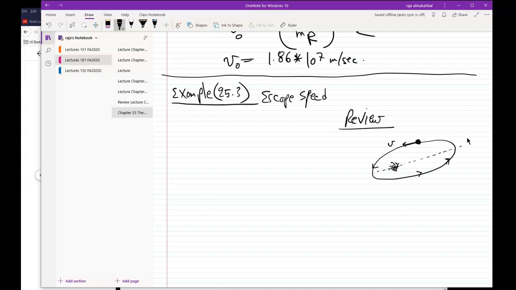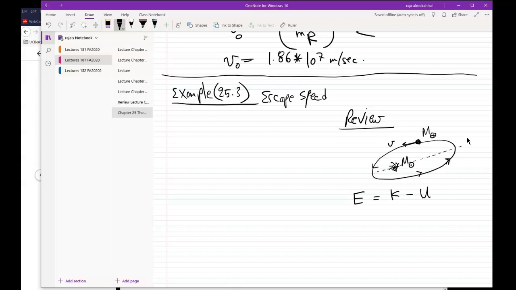Okay? Now, what is the total energy of the Earth as it goes around the Sun? The mass of the Sun is this, the mass of the Earth is that. So we know that the total energy E is equal to K plus U. As a matter of fact, it's actually minus U, because remember I talked to you about it?